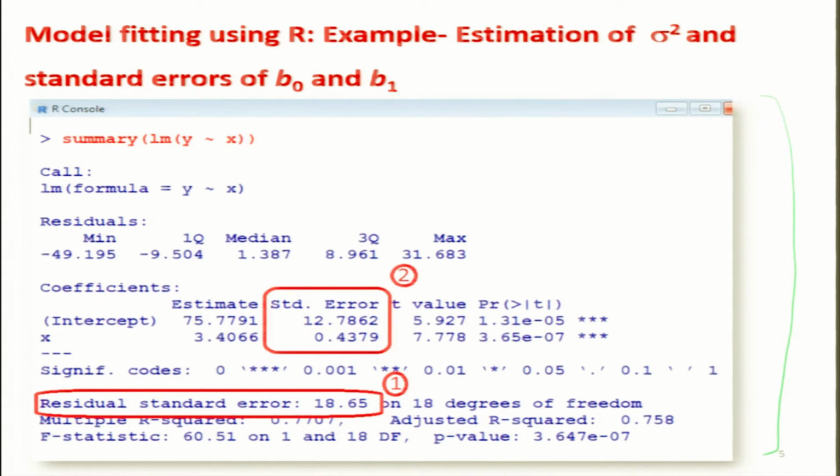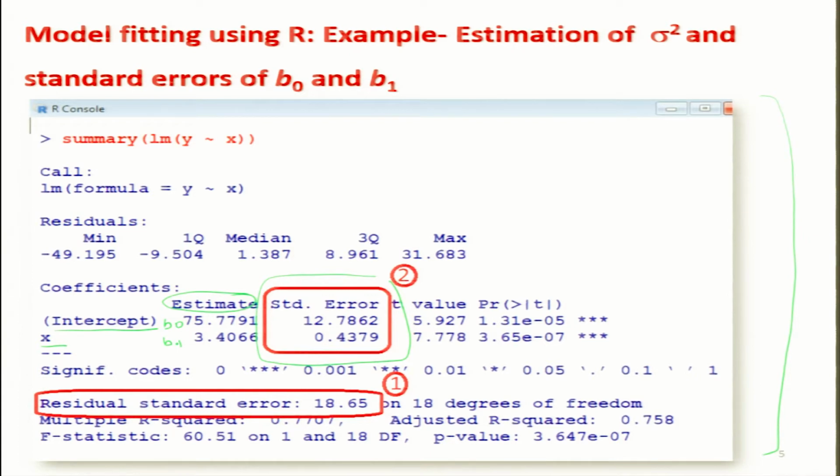Now, in this output you have to just look for a minute, so that you can see there is something like this part. You can see here this is the intercept term and this is x and this is the estimate. So, this part is known to us: this is the value of B0, 75.79, and this is the value of B1, that is 3.4, right.